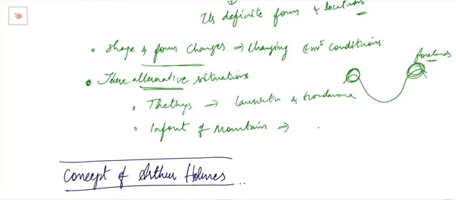We can see that in front of the Himalayas there is a formation of geosynclines. So these are the two best examples of alternative situations of a geosyncline.